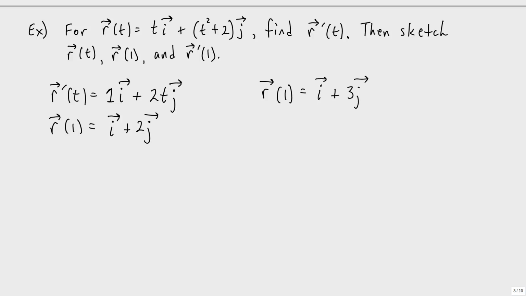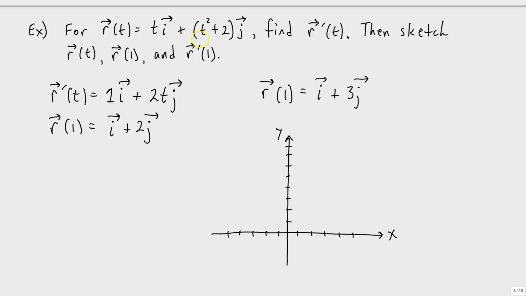So if we go to sketch this, let's see what we get. Well, let's say we plug in t equals 0.